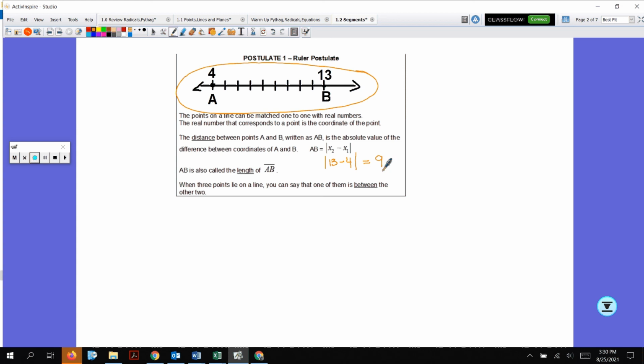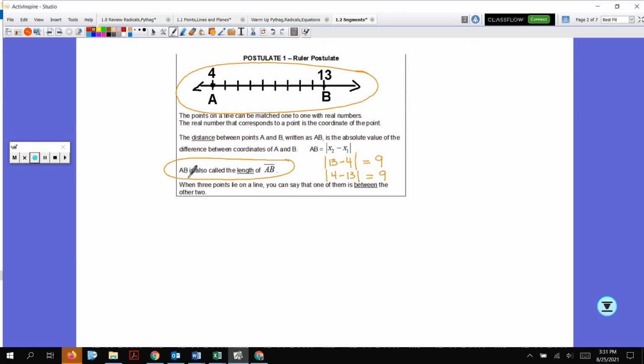If I decided that x2 was actually A, and I had 4 minus 13, right? Remember, this is absolute value. It's a measure of distance. 4 minus 13 is -9, but the absolute value of -9 is +9. It's the same, okay?